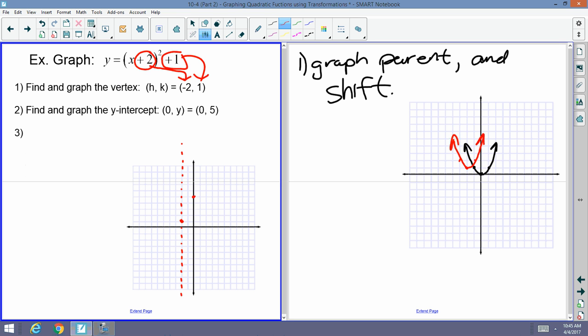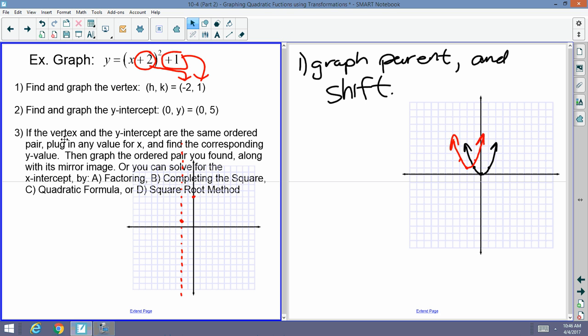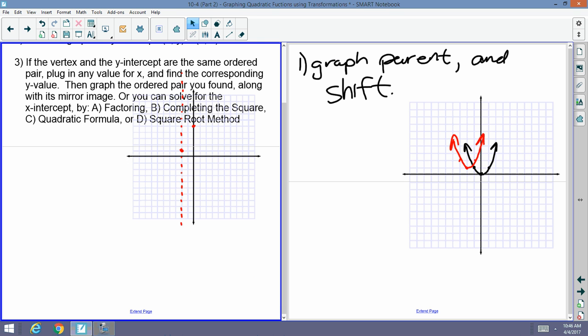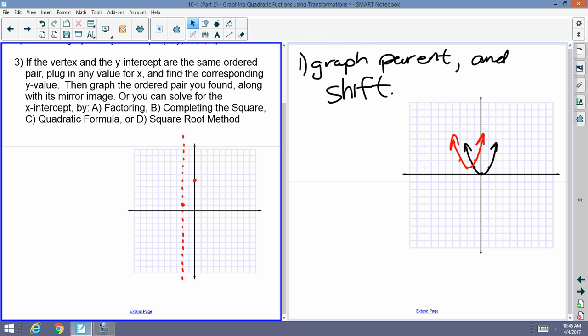Guys, mirror image. Okay? So if I have 2 to the right, where's my mirror image? 2 to the left. And guess what, guys?